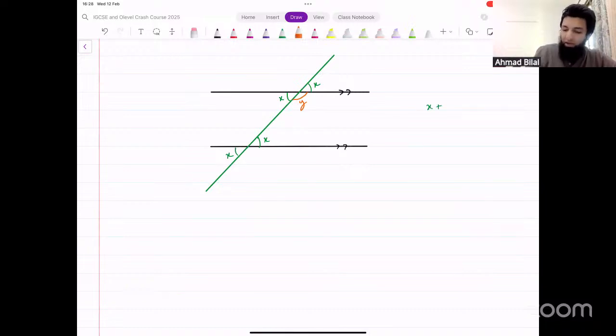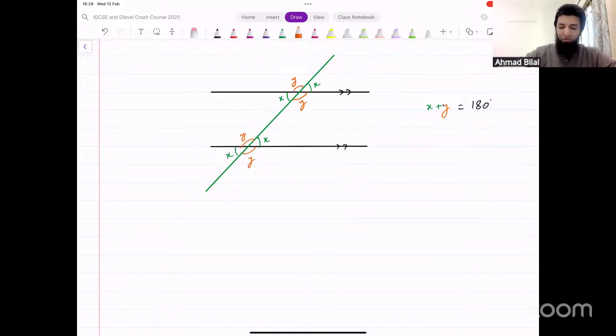You can look at it in a number of different ways. One is that x and y add up to 180, but you can also think of a straight line, angle on a straight line. If this is a straight line, then x plus y here has to be 180, right? But the idea is the sum of these angles x and y is 180. If that's y, this is also y, this is also y, and this is also y.